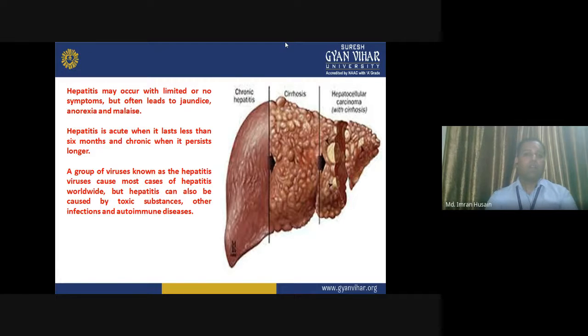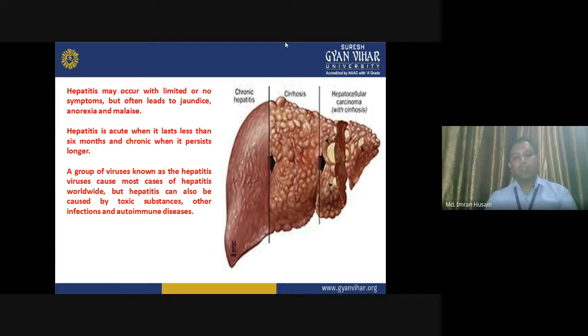Okay, a group of viruses known as hepatitis viruses cause most cases of hepatitis worldwide. All over the world, the hepatitis viruses are responsible for causing such diseases.